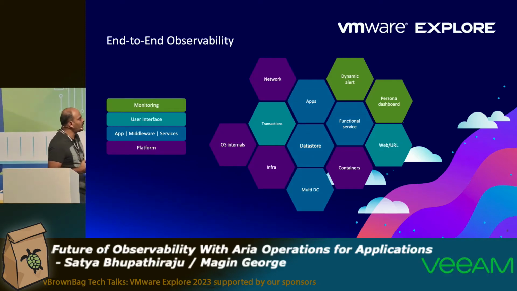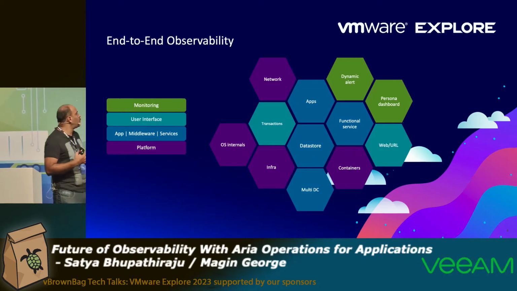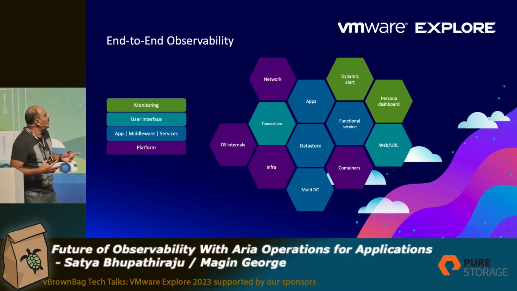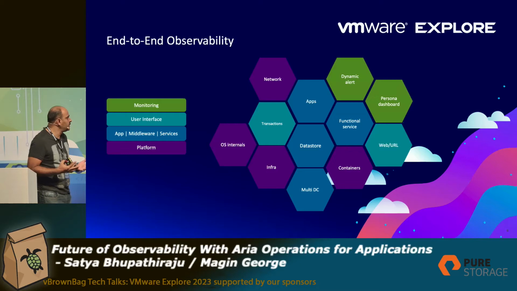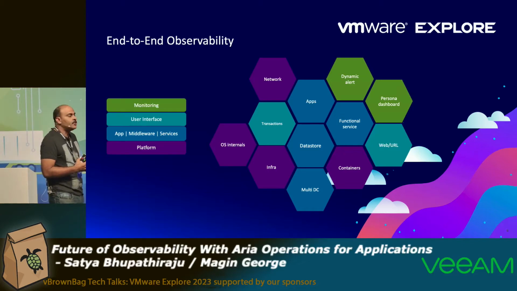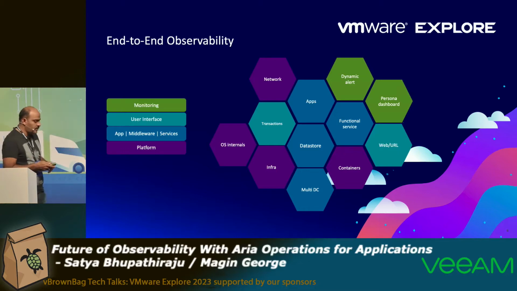It provides end-to-end visibility or observability for infrastructure components like network, host, ESXi servers, or containers, and application components like transactions, containers, databases, middlewares, and web servers. To that extent, it can provide end-to-end observability.